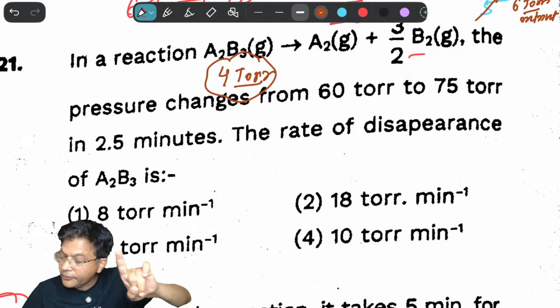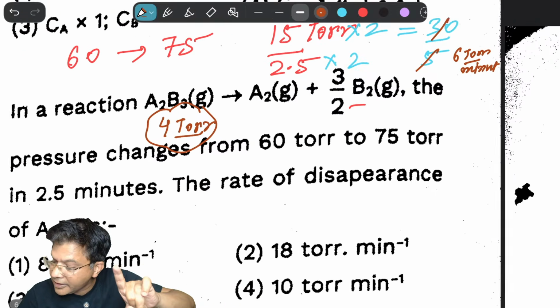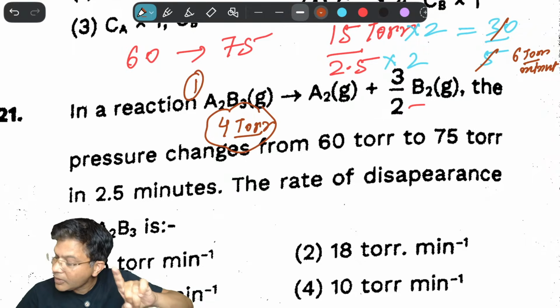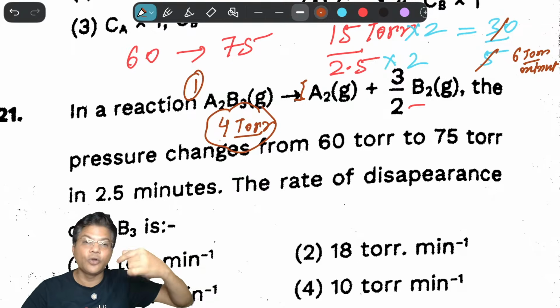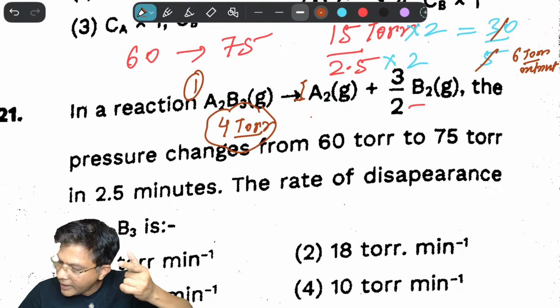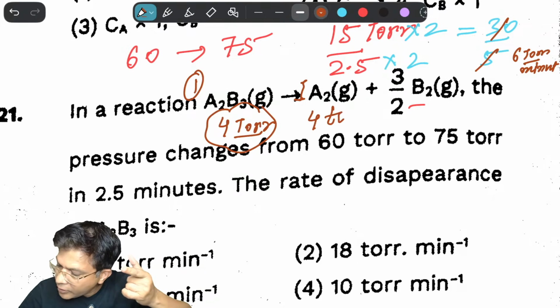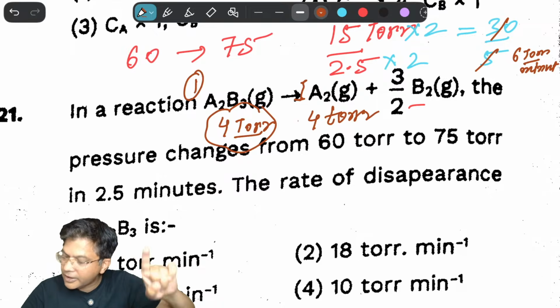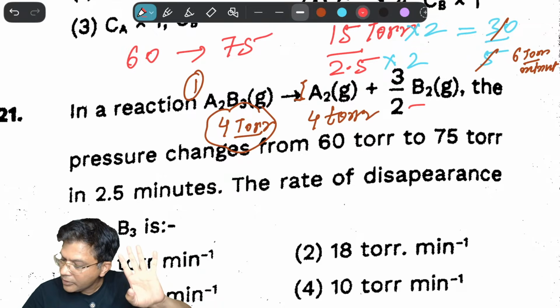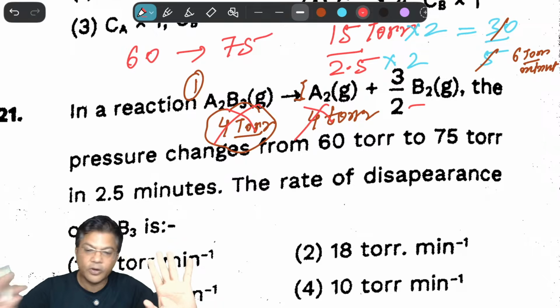Now 1 mole of A2B3 is getting decreased, and at the same time 1 mole of A2 is getting increased. If 4 torr is getting decreased, then at the same time 4 torr is getting increased. So this decrease and this increase cancelled out.